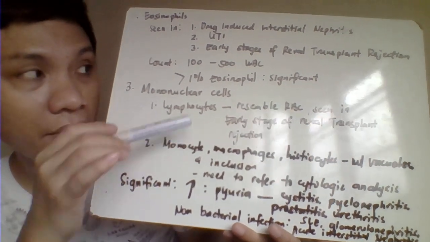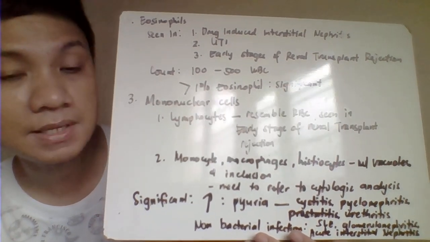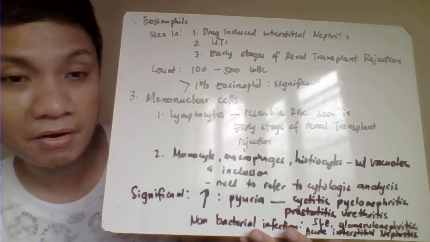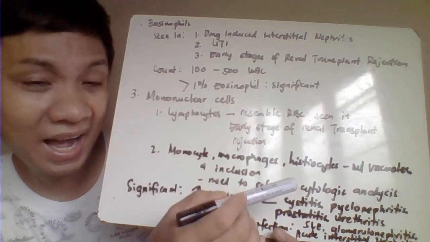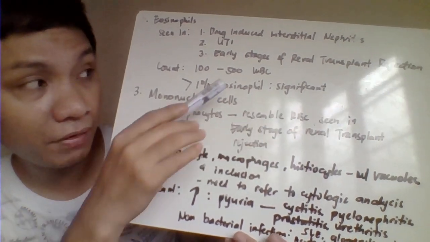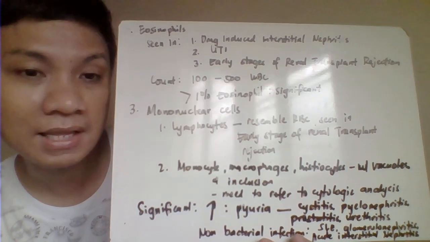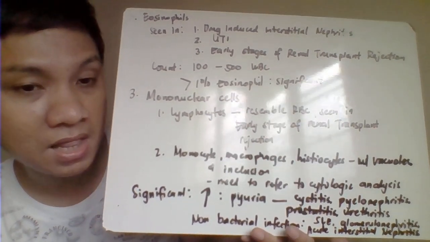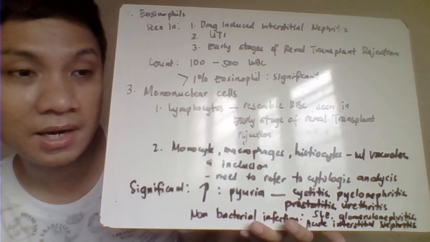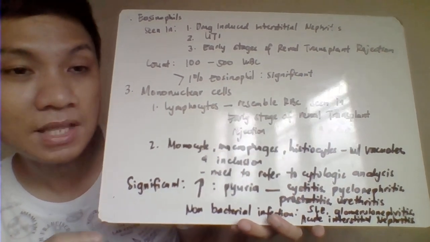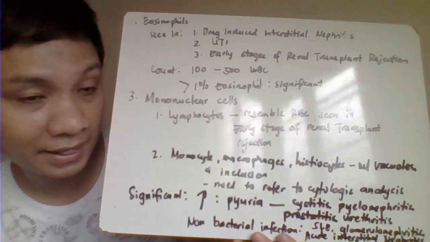Then count 100 to 500 of your WBC and identify how many of them are eosinophils. The number of eosinophils over 100 times 100, or over 500 times 100, gives you the percentage of eosinophils. Eosinophils are usually not found in our urine sample, and a count of more than 1% eosinophils is already considered significant.